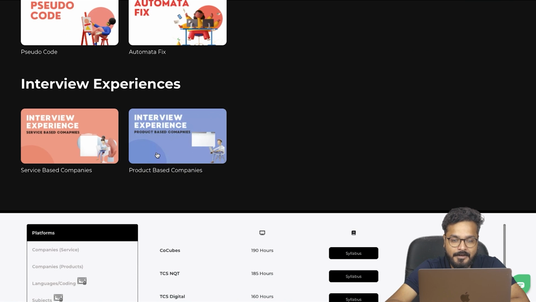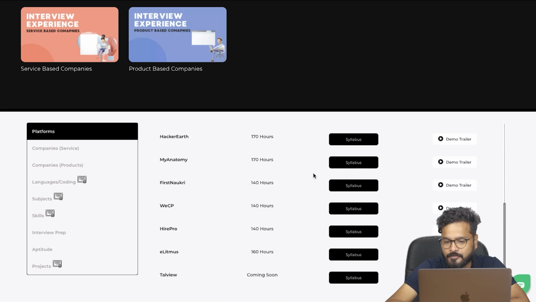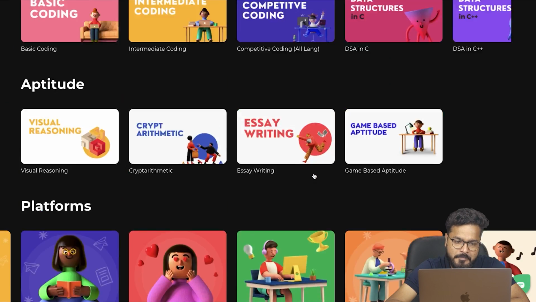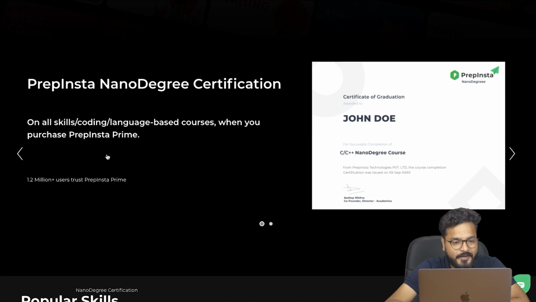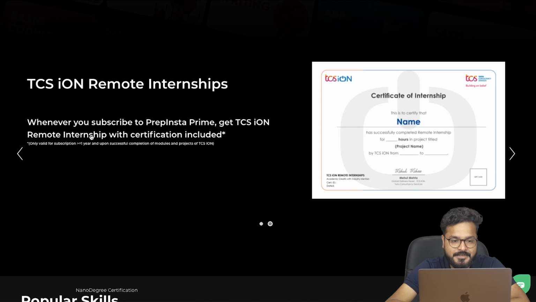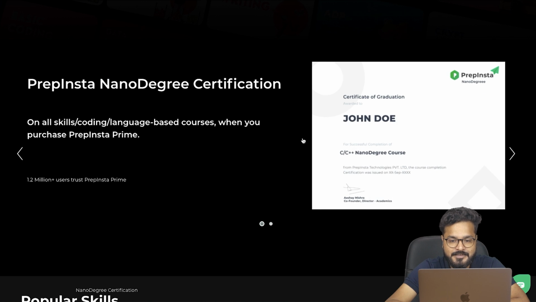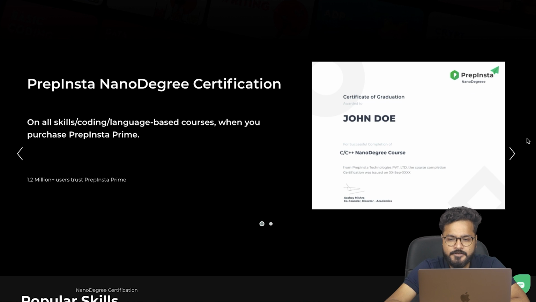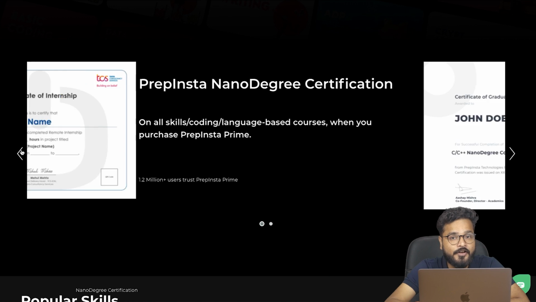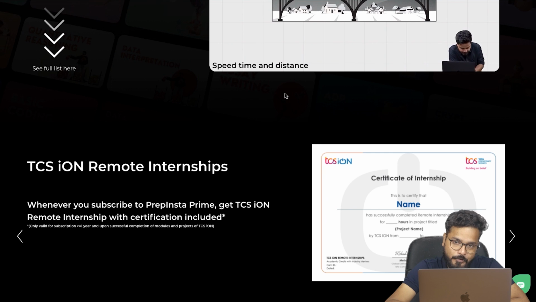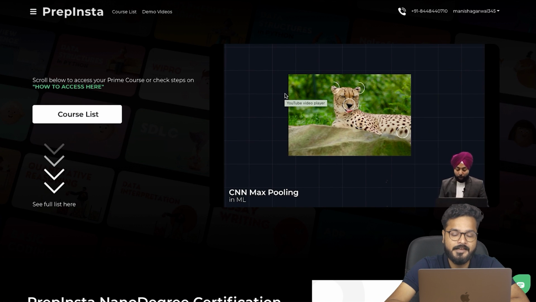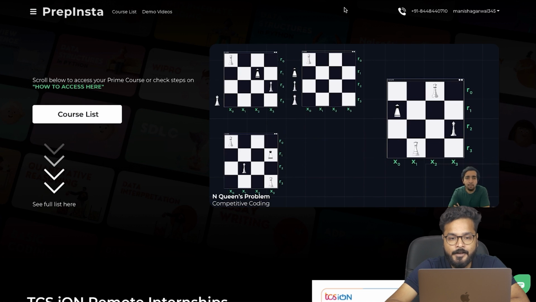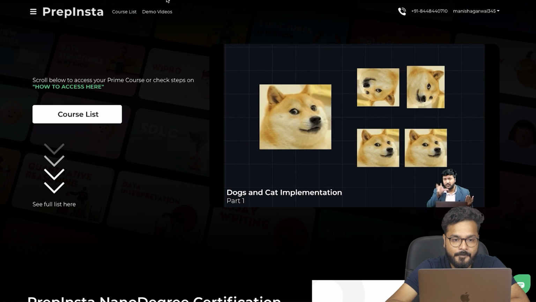Real-time short interview experiences are there for Cognizant GenC or any other company you name. Along with that you get Prep Insta Nano Degree certifications for all the skills you complete, and as an add-on you also get the TCS iON Remote Internship Certificate, which is very helpful along with the Nano Degree certificates in your interview to prove that you not only have skills but also certifications for them. That is where some extra value is added on, right?